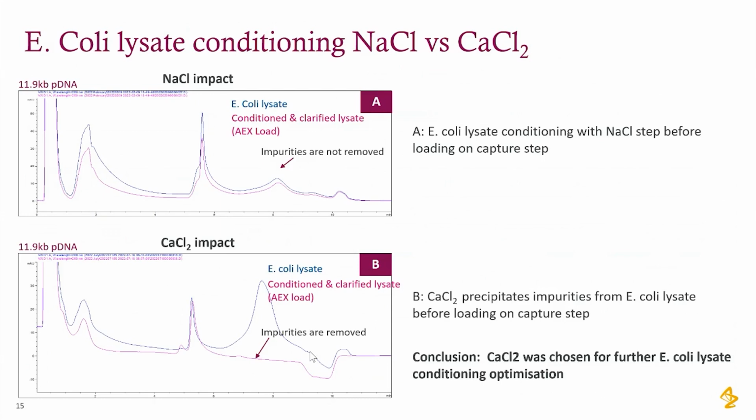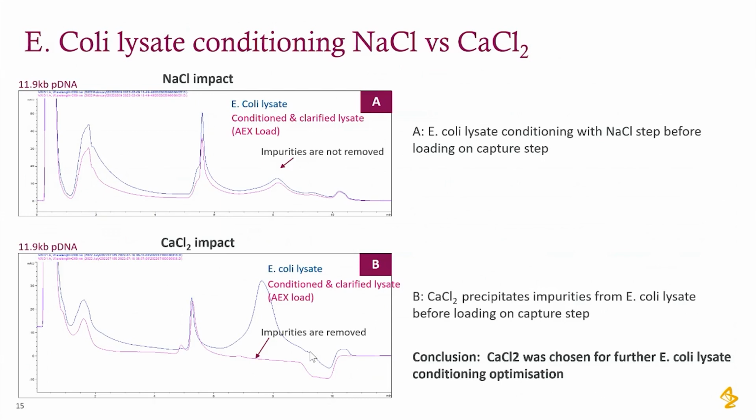That really helps and improves our pDNA quality. In this slide, you can see that sodium chloride, unfortunately, is not removing impurities, but calcium chloride made a huge, massive improvement in the quality of pDNA.